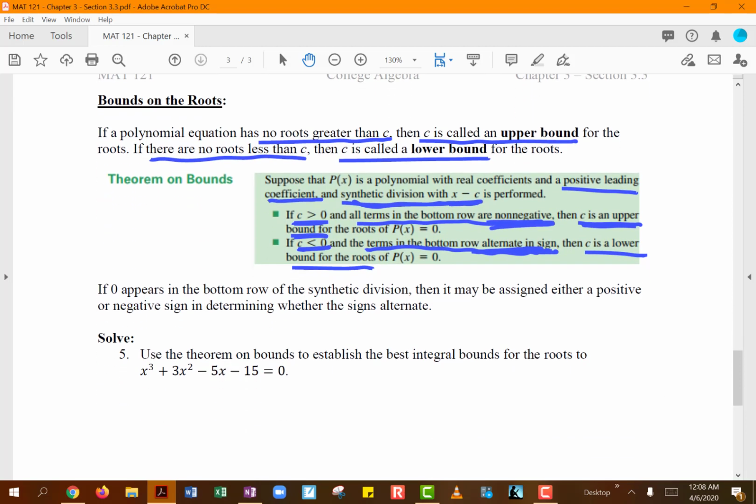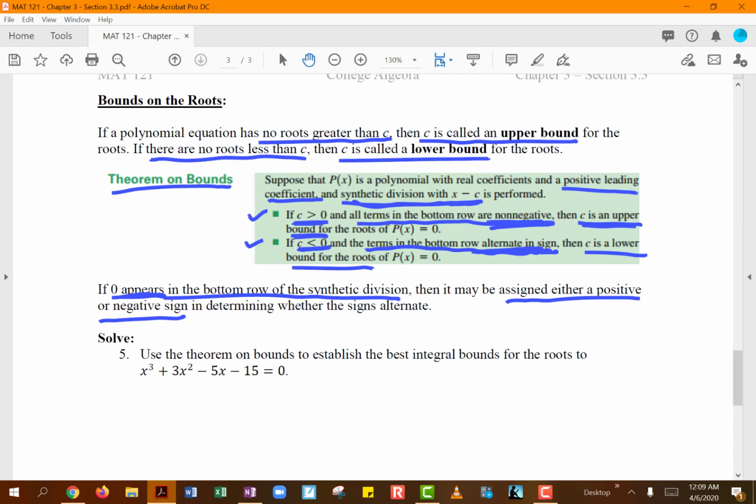Now one thing to keep in mind, and I'll show you this when we do our examples: if 0 ends up showing in the bottom row of your synthetic division, you can assign either a positive or a negative sign to it if it helps you with the calculation. Even though normally we do not assign 0 a positive or a negative sign, for the purpose of this theorem on bounds, you can assign either sign to 0 to see if it helps you in finding these bounds.